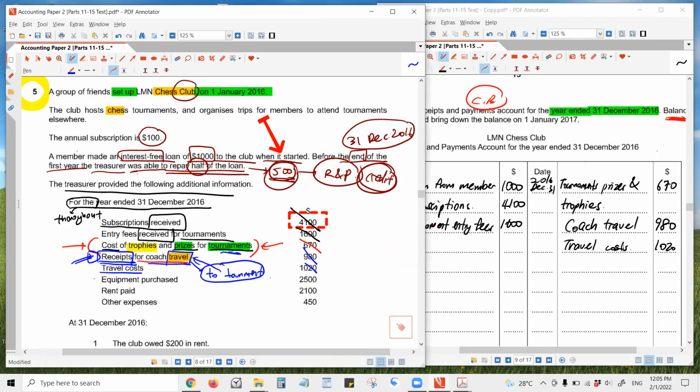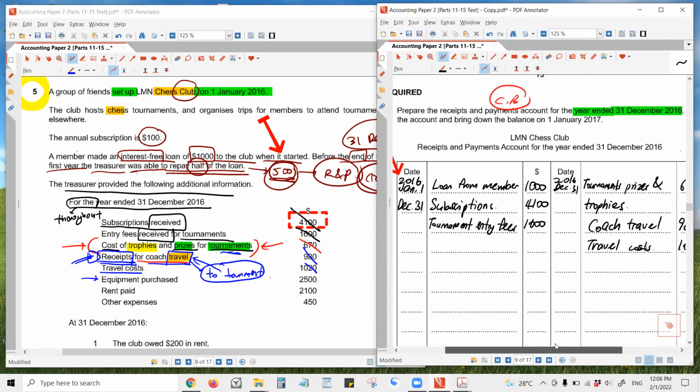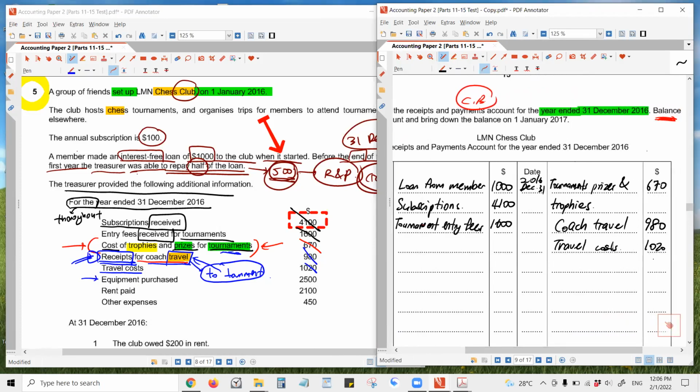Equipment purchase. Equipment. In a chess club, what equipment do you have? I think they are talking about those chess boards, those board games. So payment, right? So right here, 2500. Equipment.